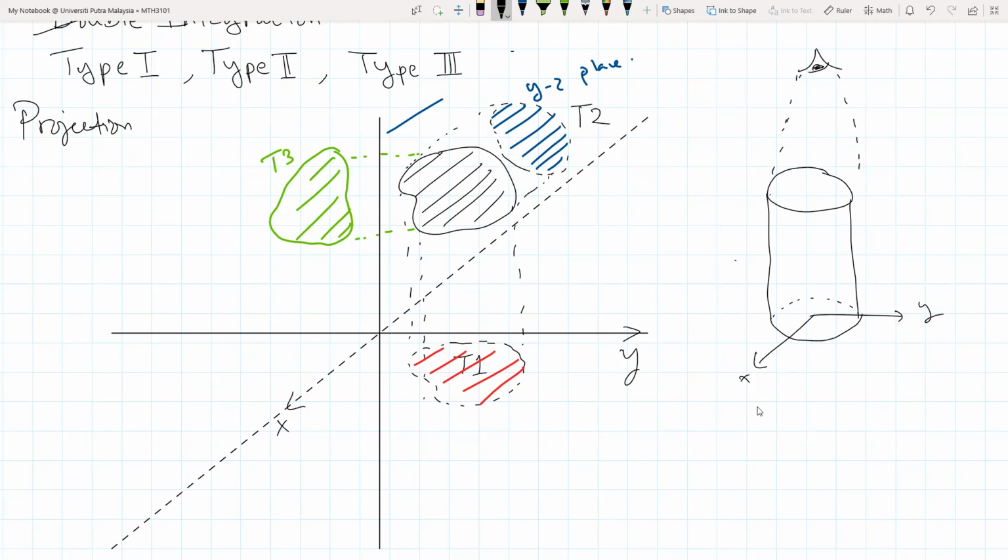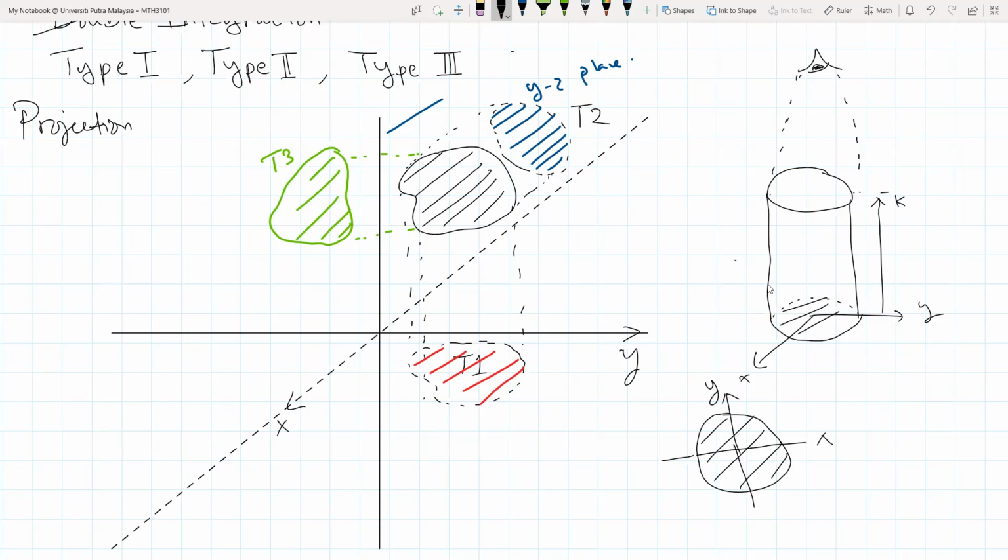So if you put it into this plan view, this is just a circle, which is easy to integrate. And the length is just, let's say this is a number K, Z equals K. So Z goes from 0 to K. So that's why it's easy.